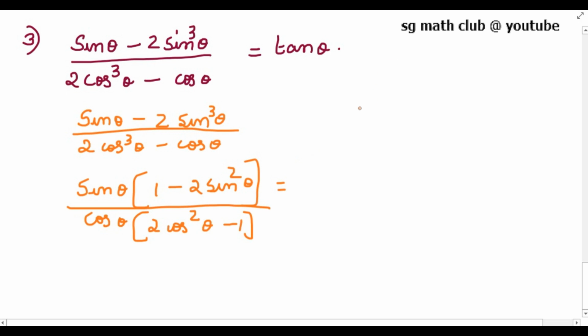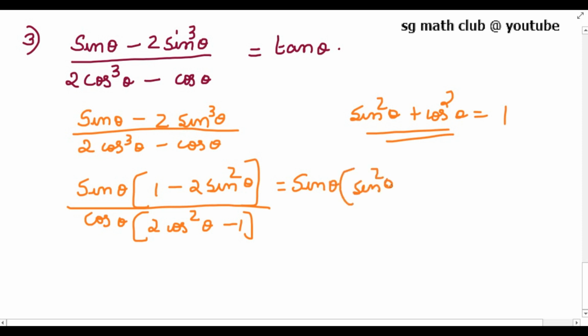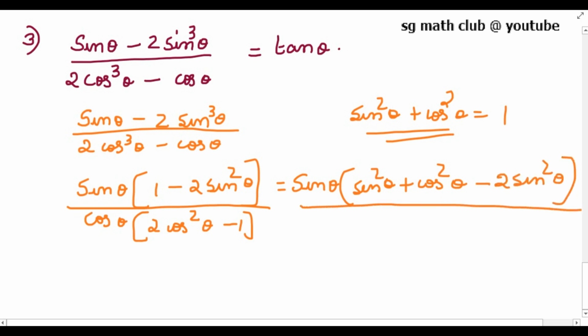Now I can use the identity sin square theta plus cos square theta equal to 1. This 1 I can write as sin square theta plus cos square theta, in both numerator as well as denominator. So sin theta into (sin square theta plus cos square theta minus 2 sin square theta) divided by cos theta into (2 cos square theta minus (sin square theta plus cos square theta)).